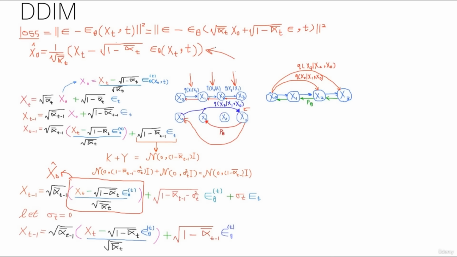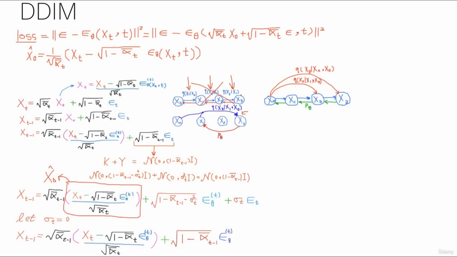But the idea here is that we can jump from any time step to x0 directly using this reparameterization trick. So based on what we said, we broke the Markov chain here. We jumped directly from x3 to x0.